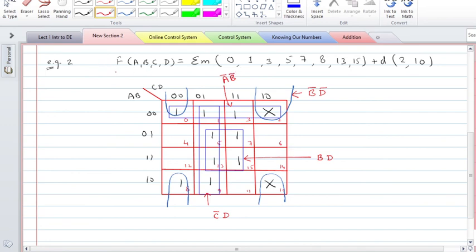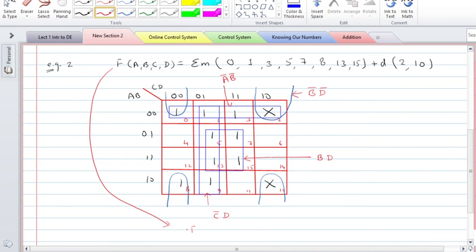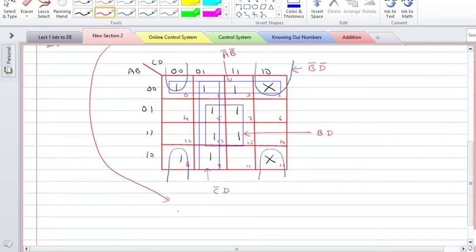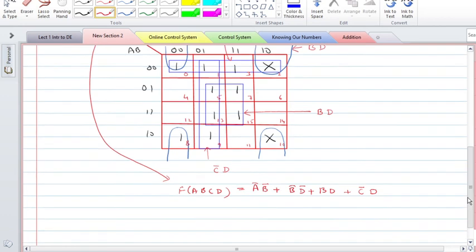So the final answer for this function F of ABCD will be equal to A bar B bar plus B bar D bar plus B D plus C bar D. Okay.